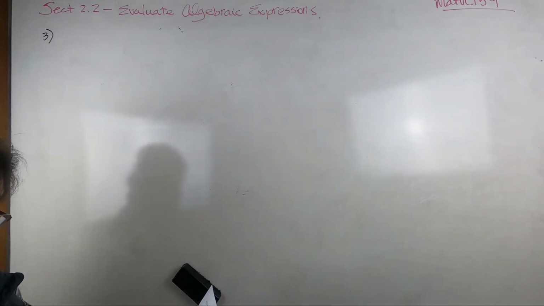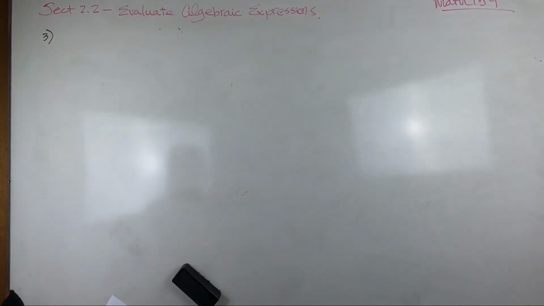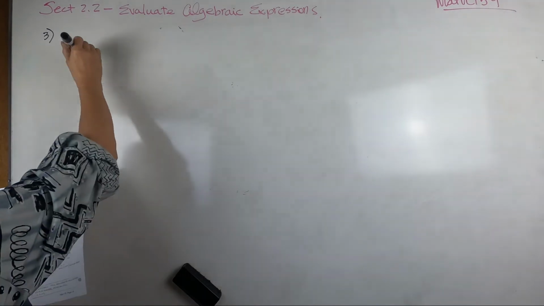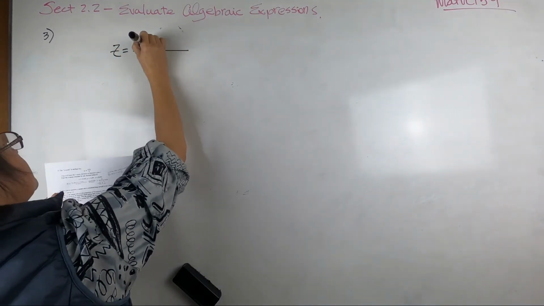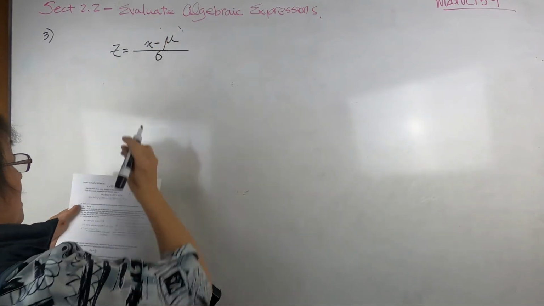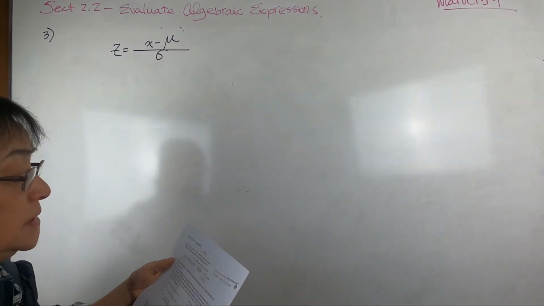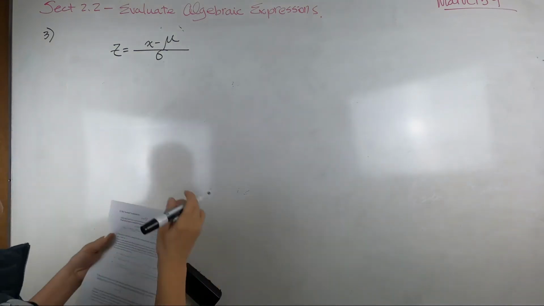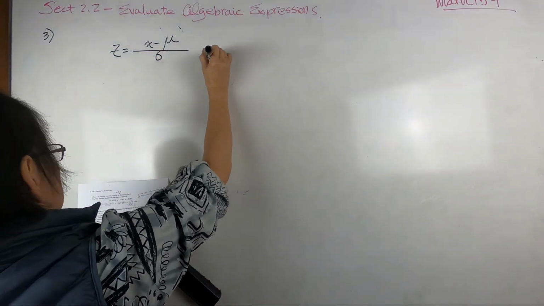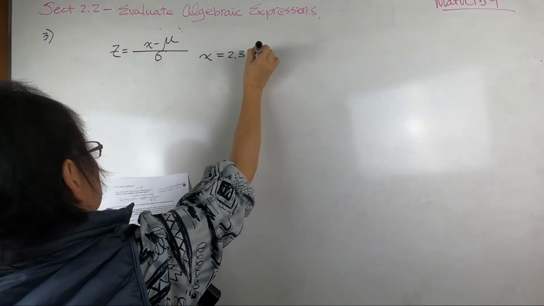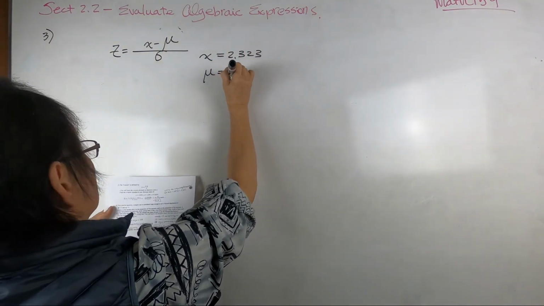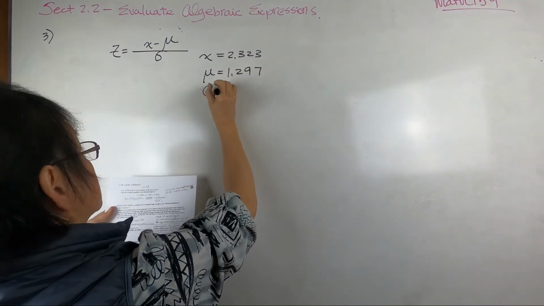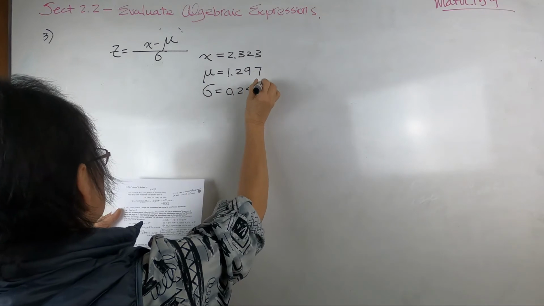Let's look at the next one, page 16, problem 3. Let's read through first, then figure out what we need to do. It says the z-score is defined this way. Find the z-score rounded to 1 decimal place if x is 2.323, mu is 1.297, sigma is 0.241.